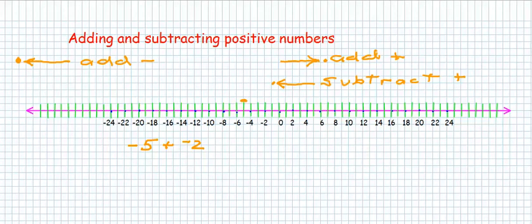If we add a -2, we're going to go 1, 2 to the left, where -7 equals -7.